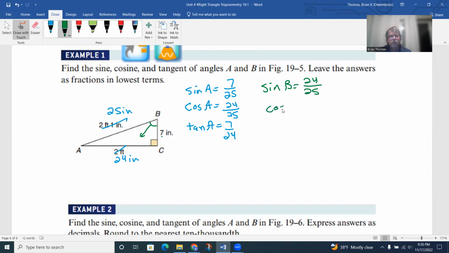If I'm doing the cosine of B, the 7 is now the adjacent and the 25 is the hypotenuse. And the tangent of B is going to be the 24 over the 7. So 24/7 would be the ratio if we leave them as fractions.